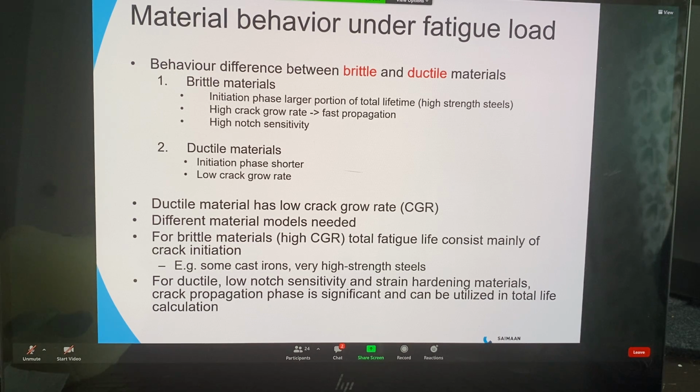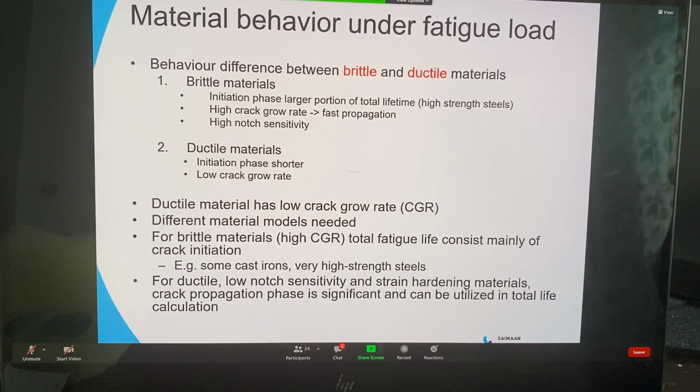And what is important to know is that when you have a material that is brittle or high strength, the total fatigue life consists mainly of the crack initiation. So with a high strength material, you should focus on how to prevent the crack from initiating.